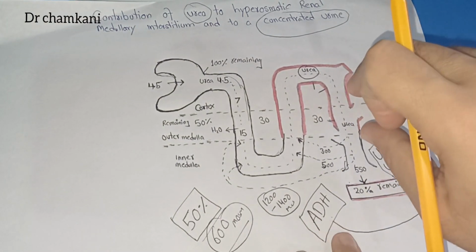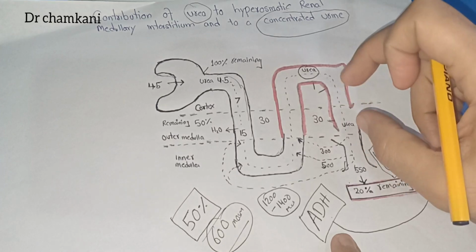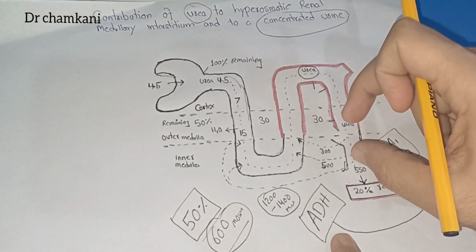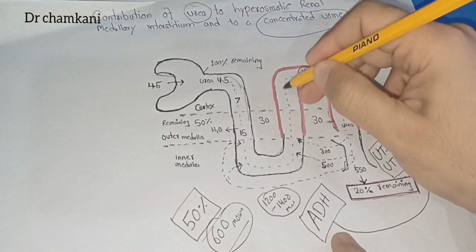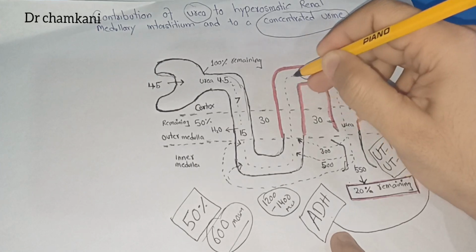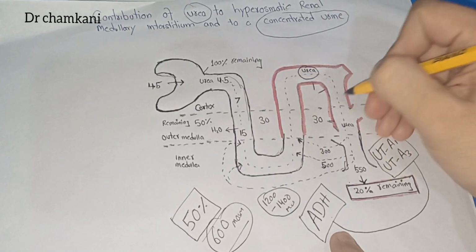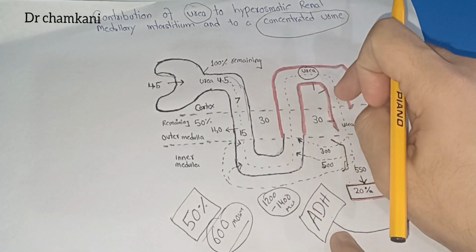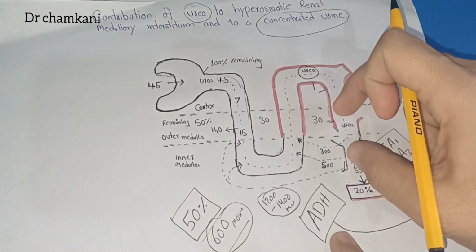So urea that has become extremely concentrated, because water in the tubule has been reabsorbed in the distal tubule and the cortical ducts, but urea was not being reabsorbed, now urea is also being reabsorbed.